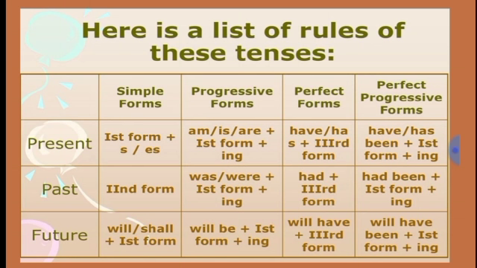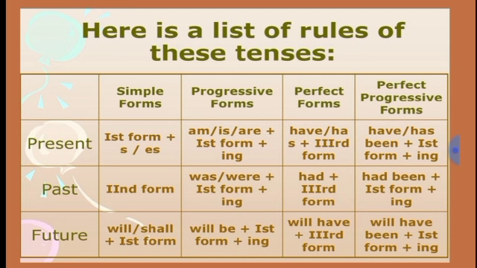So whenever in the sentence you see that there is been along with the helping verb have and has, remember that it is in the perfect progressive form.